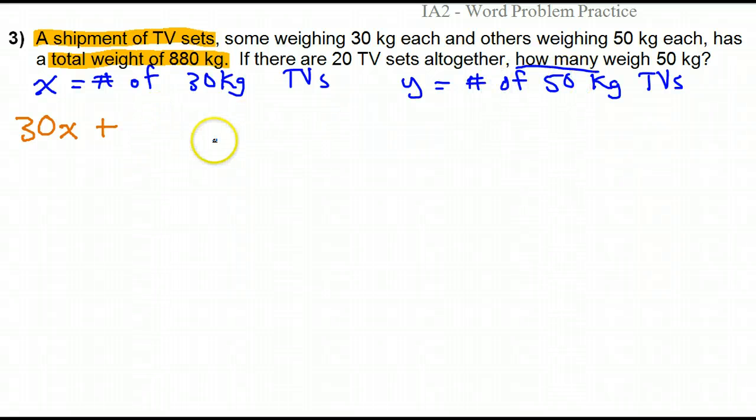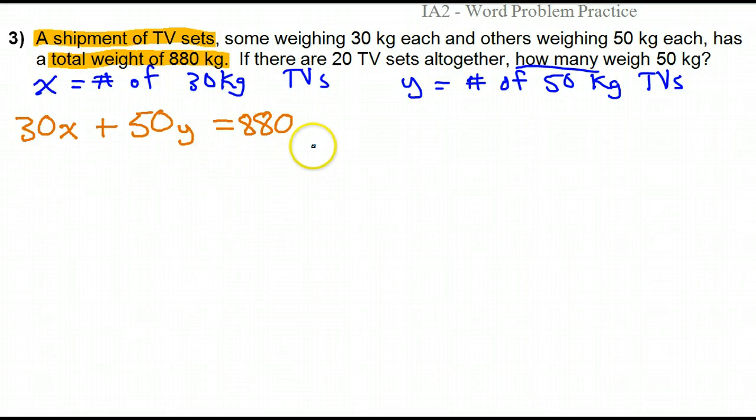So plus 50 kilograms per 50 kilogram TV. So this is the total weight of the 30 kilogram variety, total weight of the 50 kilogram variety should add up to the overall total weight of the shipment, which is 880 kilograms. So that is the first equation.